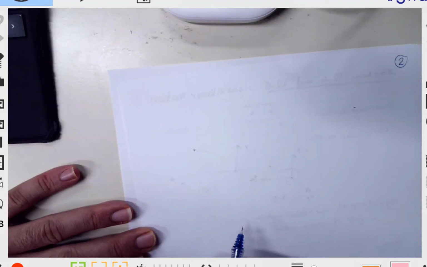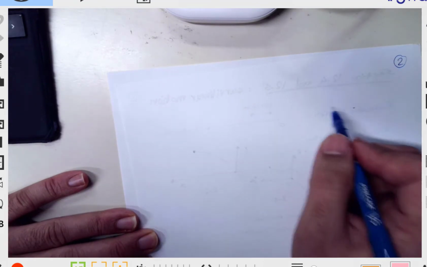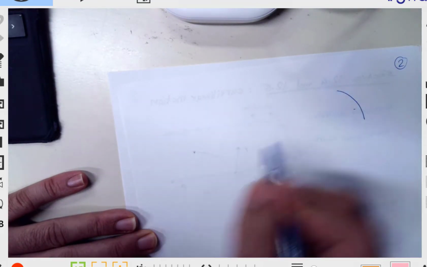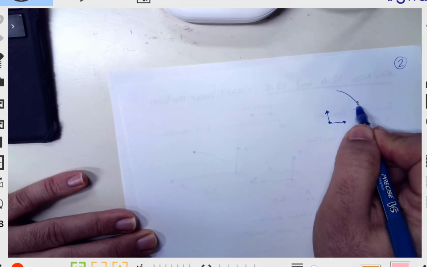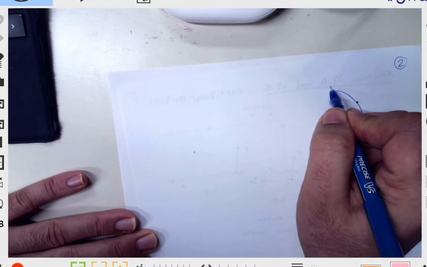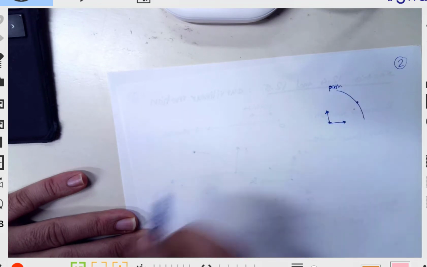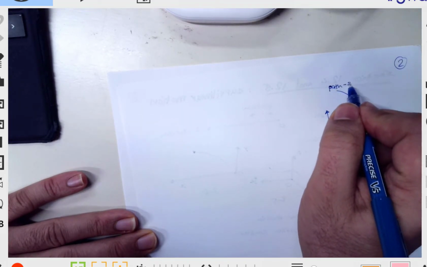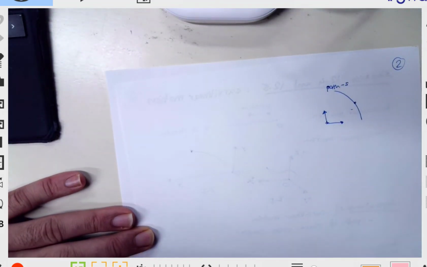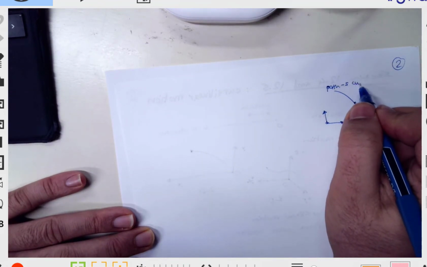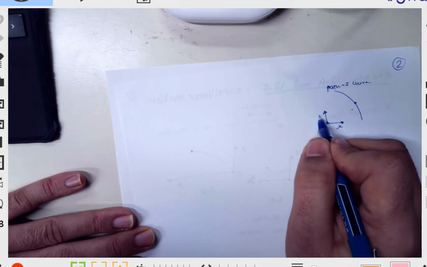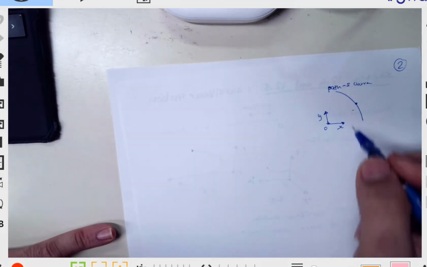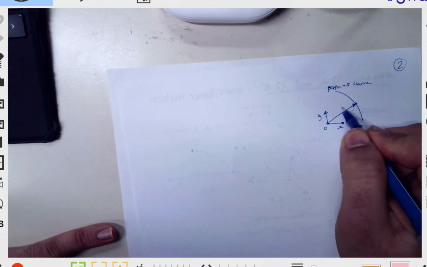Alright, so what we arrive at is, given a path, measuring the motion of this, and this is the path, or sometimes we call it the S curve, and let's say this is our x and y selected, and that's the vector r.